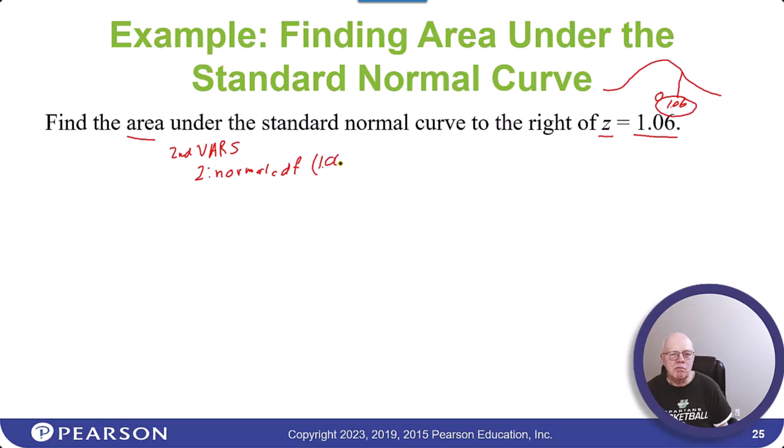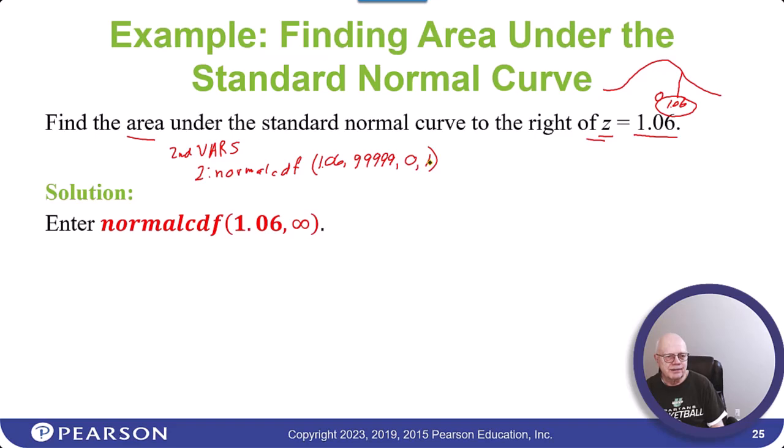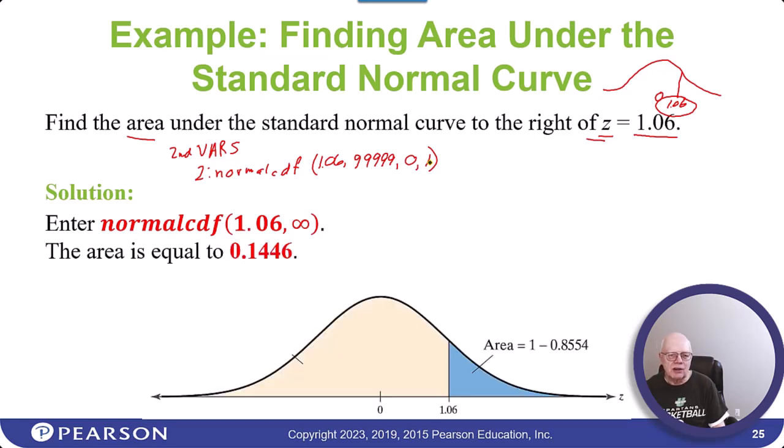Where do we stop? We don't stop. So we'll just simulate positive infinity by just putting a bunch of 9s in there. It's easy to type. We're talking about Z's, so I'll slide my 0 and 1 in there. And I'm ready to go. And there's my area. Notice from the picture, you can tell that it's going to be less than 0.5, and there you go.